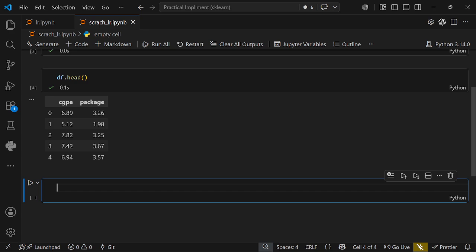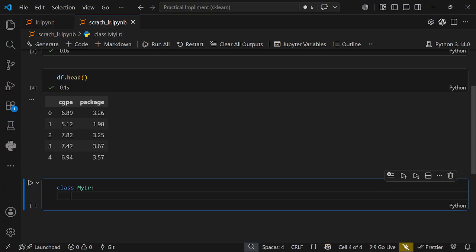We are going to use numpy and pandas here. So how can we create our class? Let's create our class MyLR. This is our class. We have to define the constructor here.